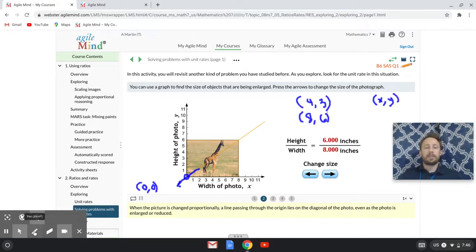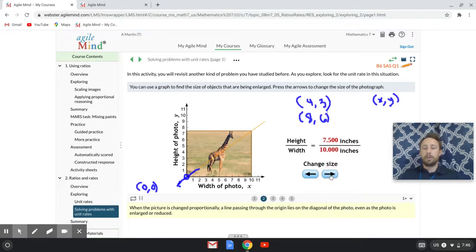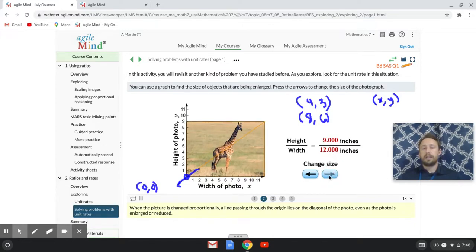All right, so let's take a look and see if we can find another whole number. Well, that's not a whole number, but our width is a whole number, and our height is 7.5. All right, so let's see. There's another one. So what did they multiply 4 by to become 12? And what's 3 being multiplied by to become 9?